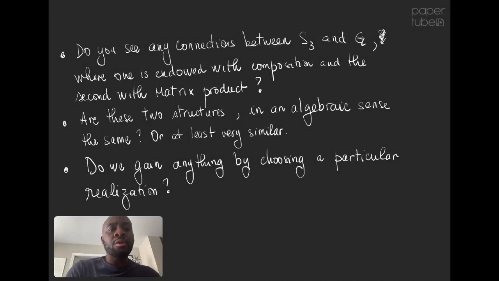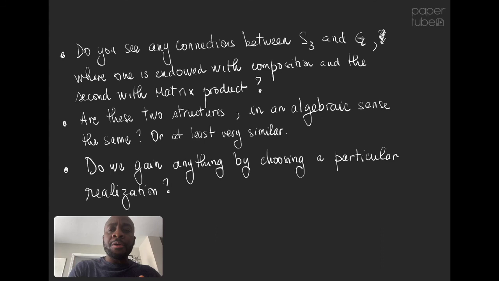So, in conclusion, what this lesson is attempting to tease out of you is to push yourself to find a meaningful connection between the two examples. If we are only interested in the structures of S3 endowed with composition and G endowed with multiplication, is it possible to study either one of these structures and automatically gain information about the other?